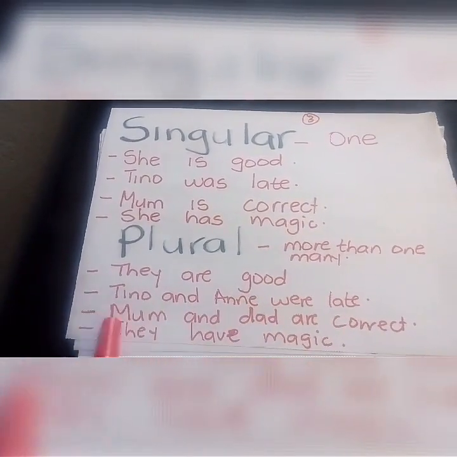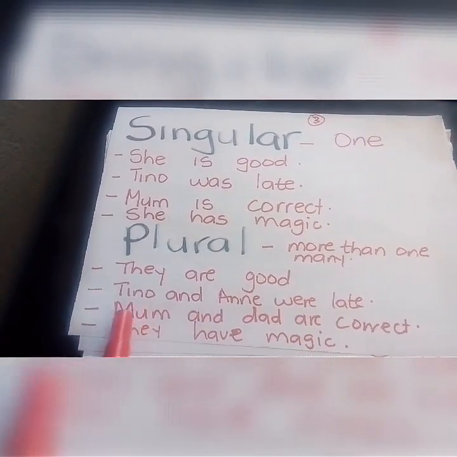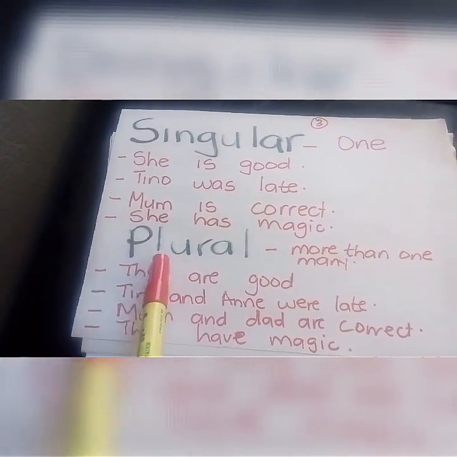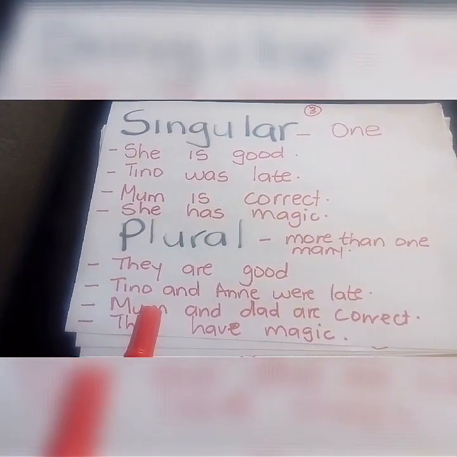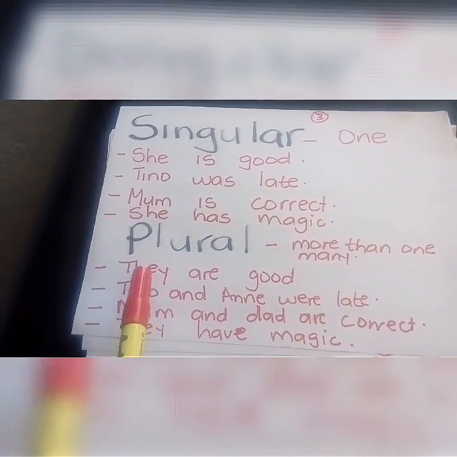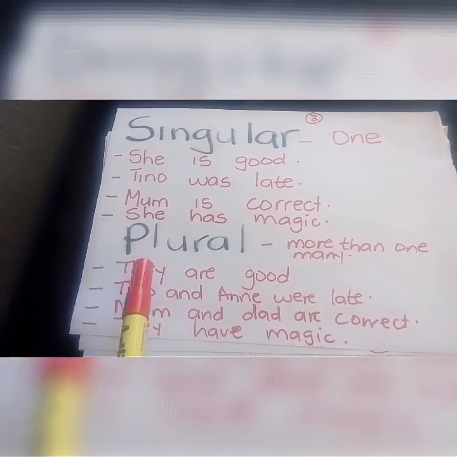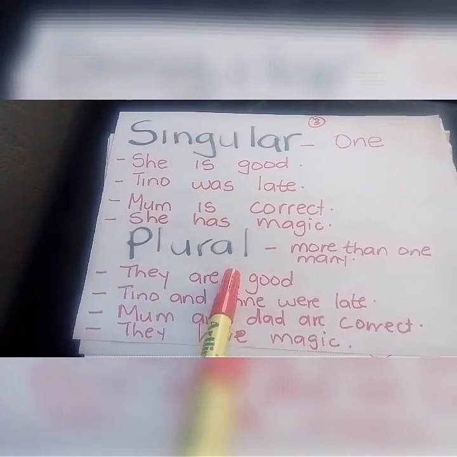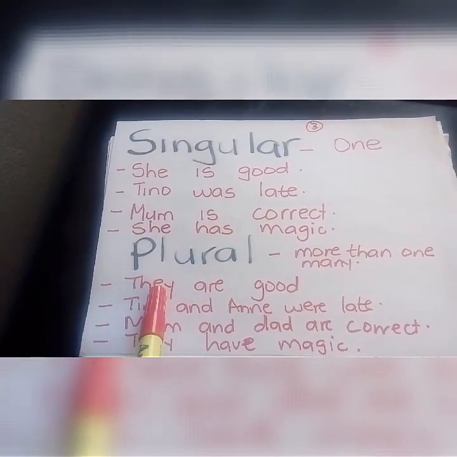We are talking about two people. They have magic. We are talking about many people, we don't know how many. So here our subjects are plural, and so are our linking verbs. With "they," we cannot say "they is," although some people write like that. That is wrong. We are saying "they are" so that our verb agrees with our subject.